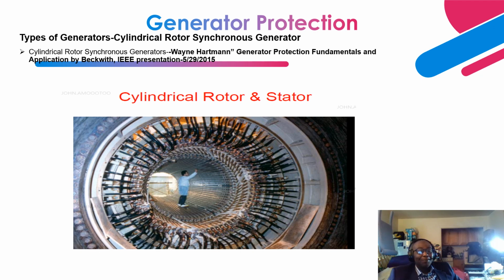Basically, this is about a one month outage that they usually take, so this is a major outage. For them to take the rotor out of the generator, that means it's a major outage.